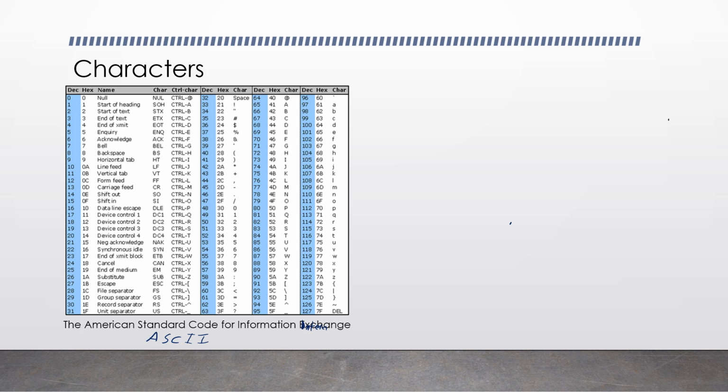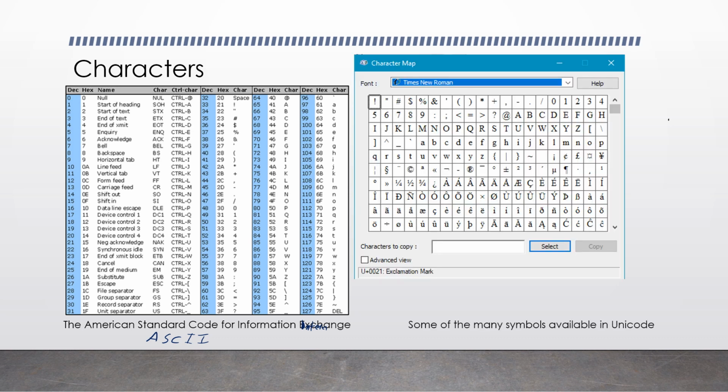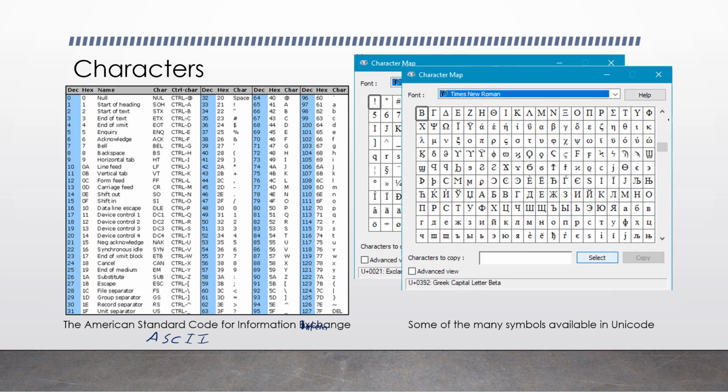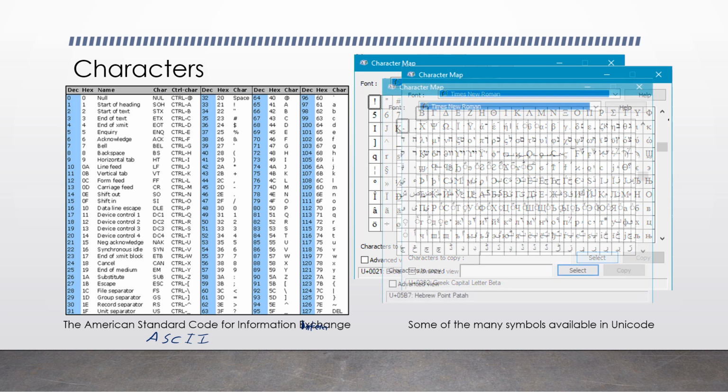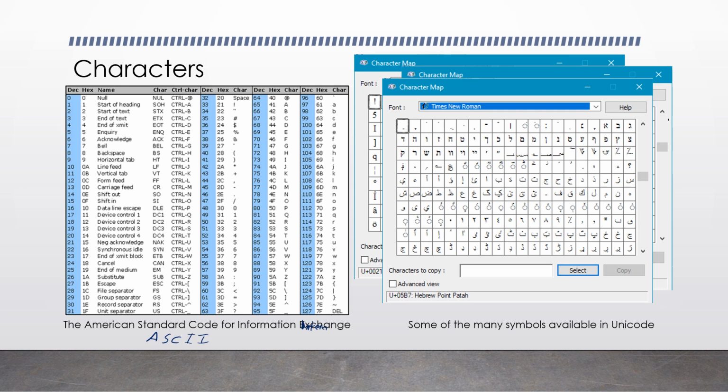And this new standard called Unicode can represent your standard Roman alphabet with a whole bunch of additional accented and specialized characters. It can add Greek and Cyrillic Russian characters. It can add Hebrew and Arabic characters, the whole Hebrew and Arabic alphabets, including all of the different variants of each one.